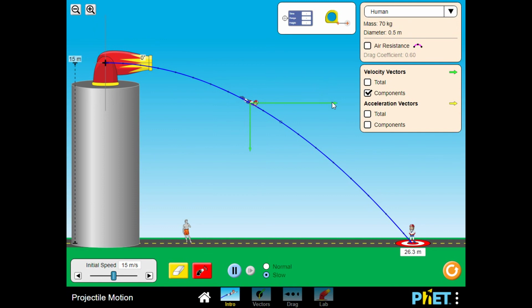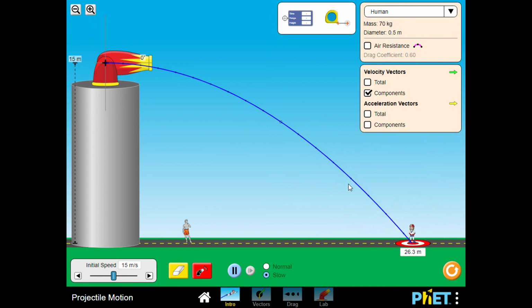The total velocity equals the square root of Vx squared plus Vy squared. Vy means the vertical velocity at a point, and Vx is constant at any time and any point.